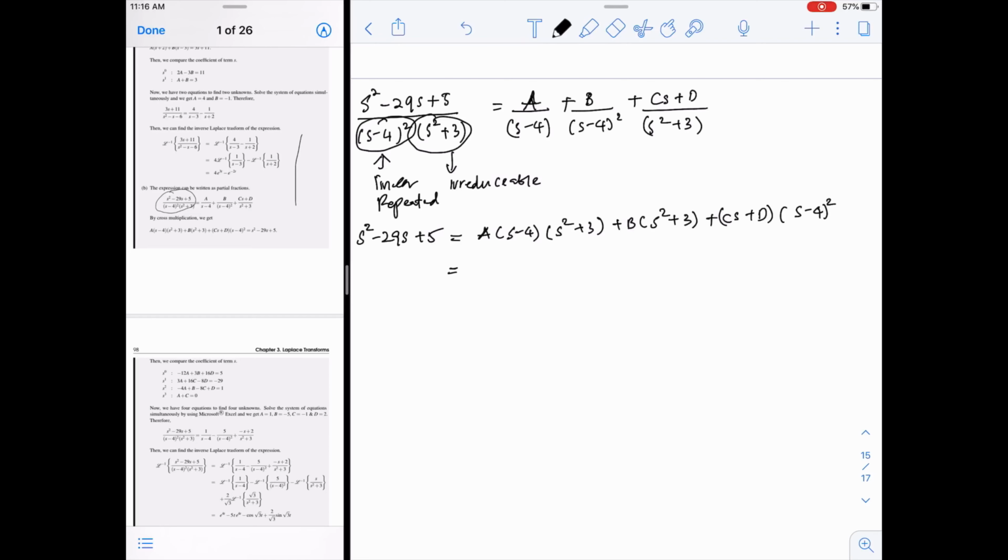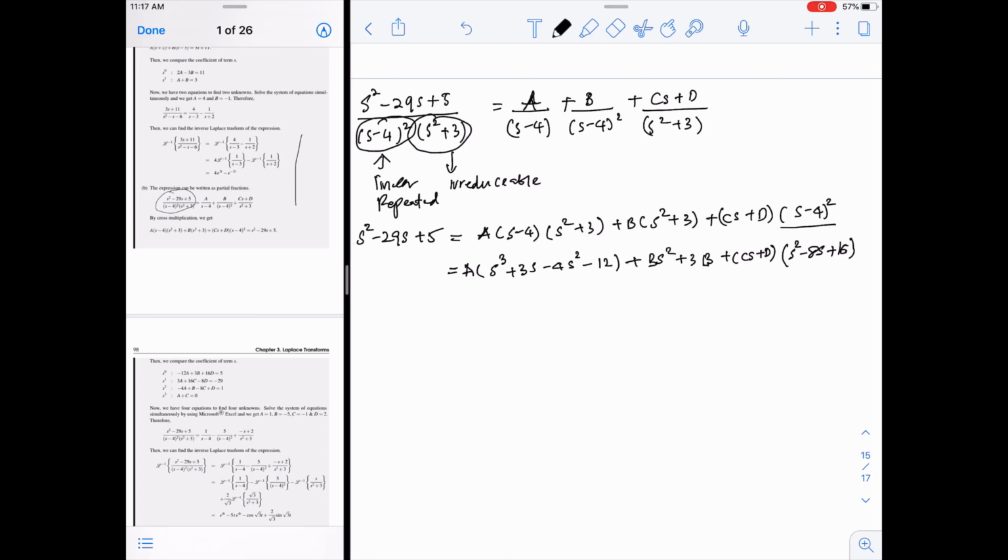You will have A times (s cubed plus 3s minus 4s squared minus 12), and then you will have Bs squared plus 3B, and please be careful with this one because you need to expand it first. You will get s squared minus 8s plus 16.